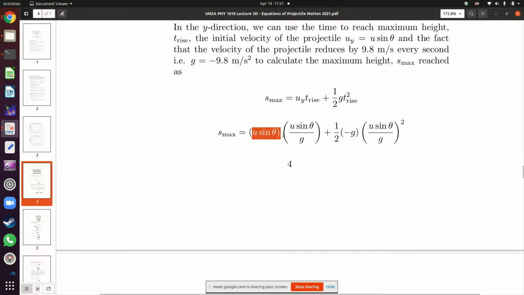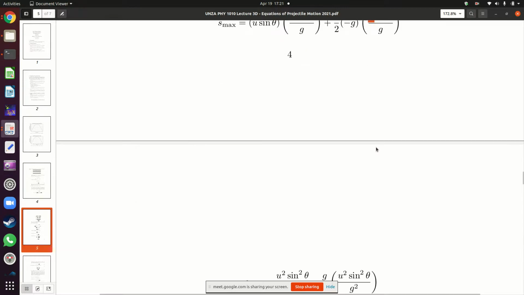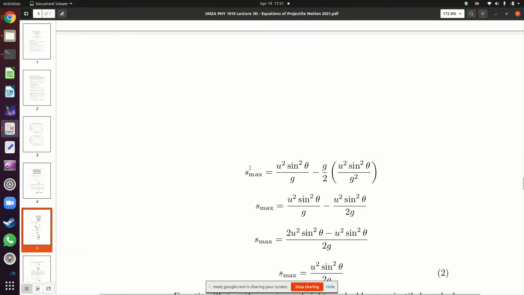When you multiply this times this, you end up with u squared sine squared theta divided by g. On the other side you end up with minus g over 2, then u squared sine squared theta divided by g squared at the bottom. So S max is equal to u squared sine squared theta divided by g, minus g over 2 times u squared sine squared theta divided by g squared.